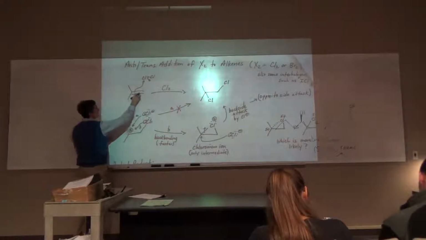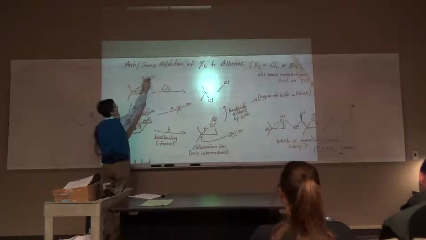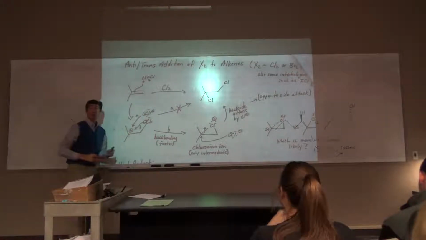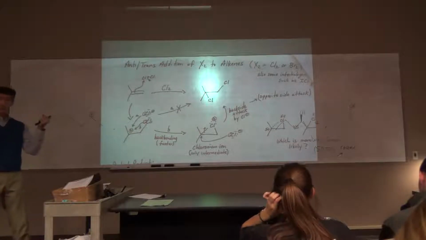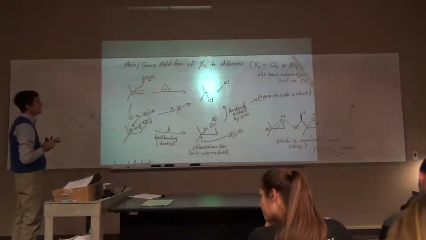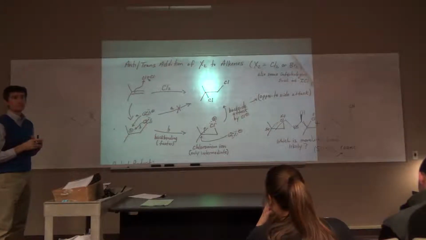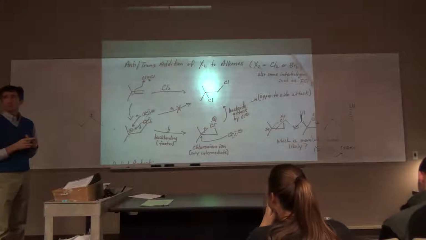Pi bond is a source of electrons. The chlorine looks like it's nonpolar. You've got two equivalent atoms. But actually, your halogens are easily polarized. Any compound is polarizable.